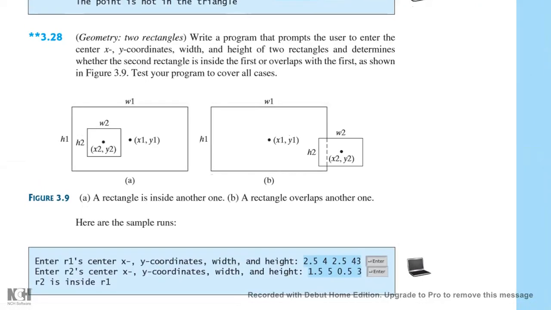What we've got to do is write a program that prompts the user to enter the center x, y coordinates, width and height of 2 rectangles and determine whether the second rectangle is inside the first or overlaps with the first, as shown in figure 3.9.